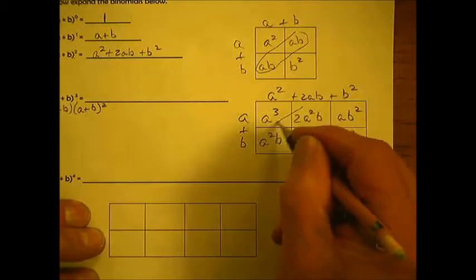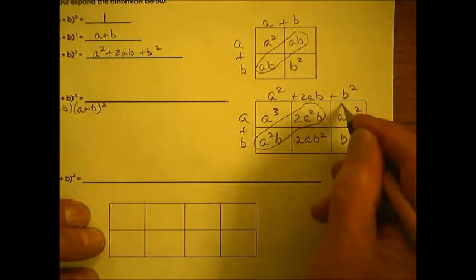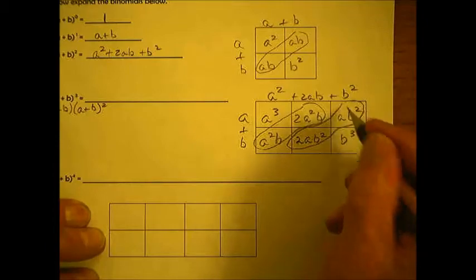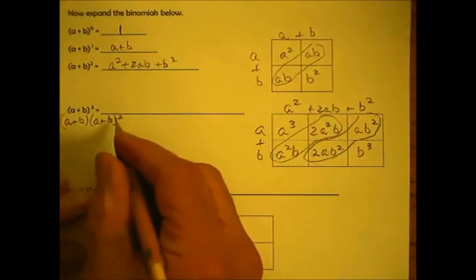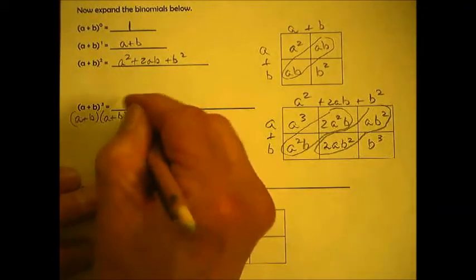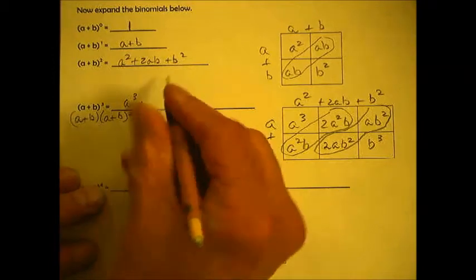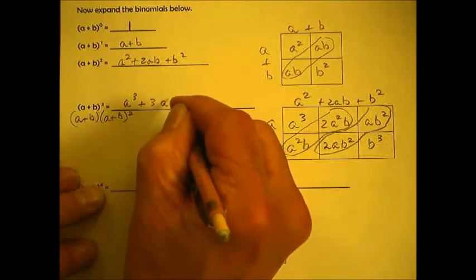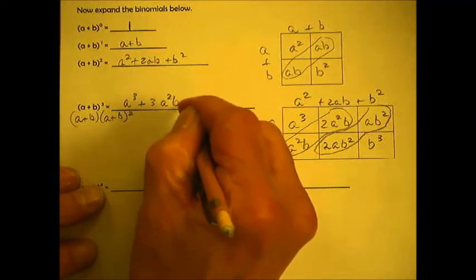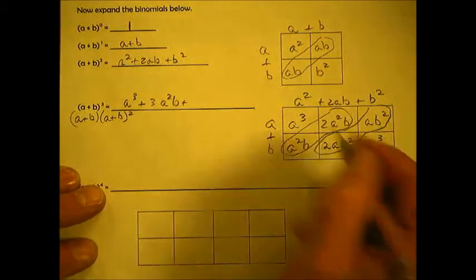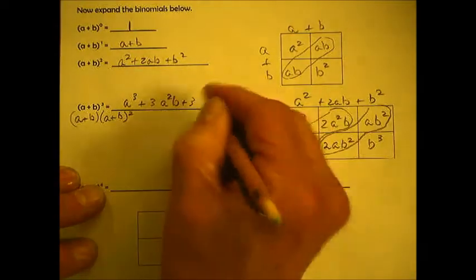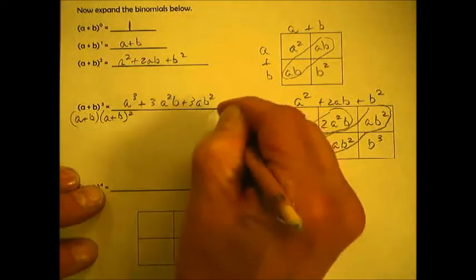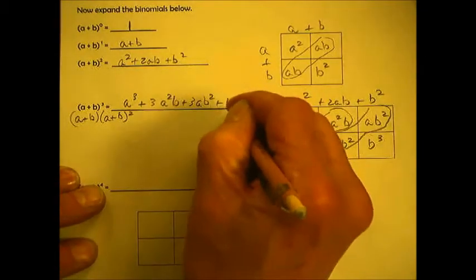And again, I'm going to be combining these like terms. And I'll put my answer up over here as a cubed plus 3a squared b plus 3ab squared plus b cubed.